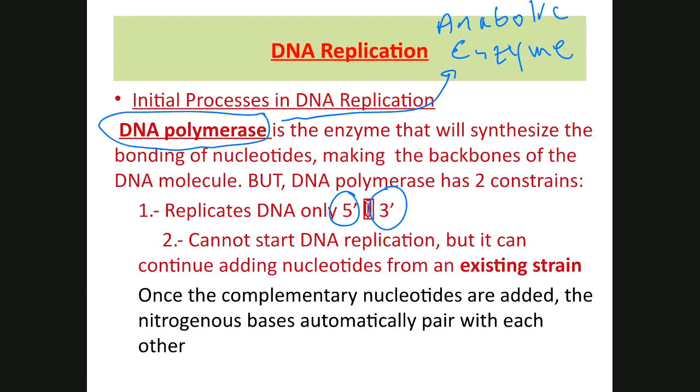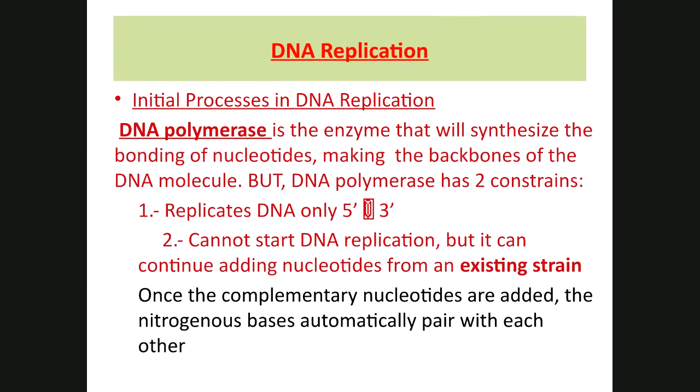The third characteristic, which is not here, is in another PowerPoint, is that DNA polymerase has what we call proofreading ability. So characteristic number 3 is that it can proofread. That is a very important characteristic. Proofreading means edit.